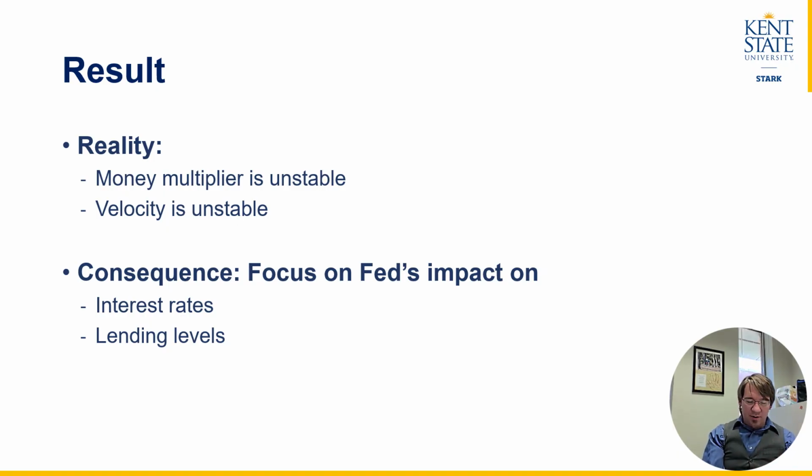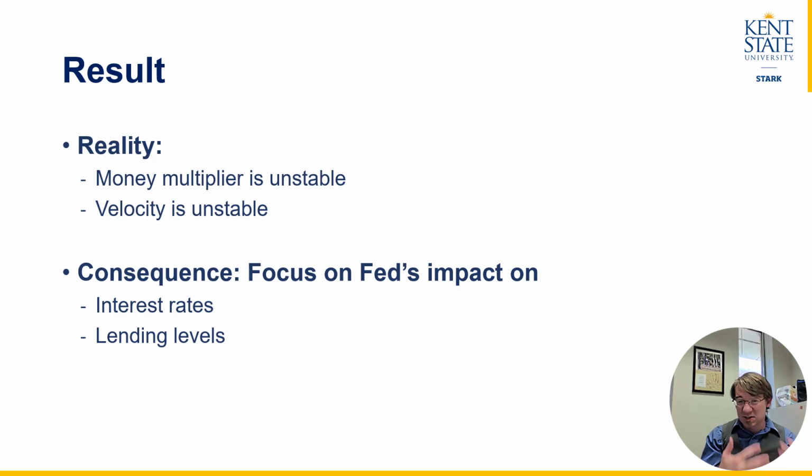So the end result of all of this is that when we look at reality, the money multiplier is not stable in a world where there are lots of excess reserves and where the amount of excess reserves varies a lot. The reality is also that velocity is not stable, which means we don't really have the ability, just by controlling the monetary base, to control the money supply and therefore nominal GDP.